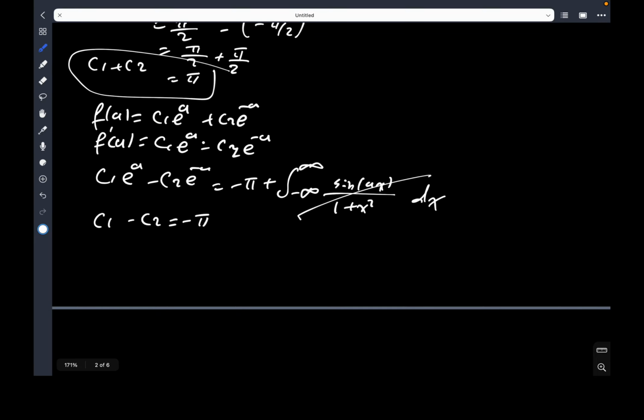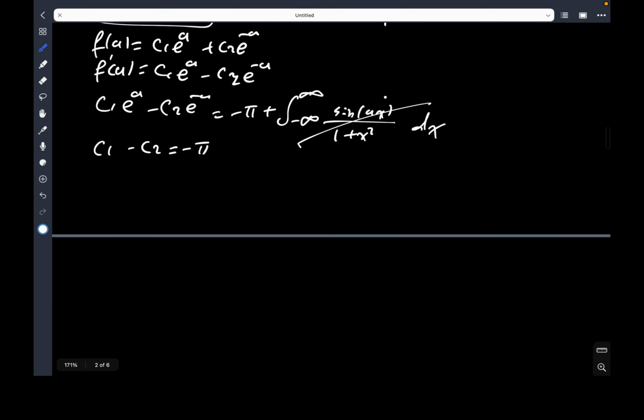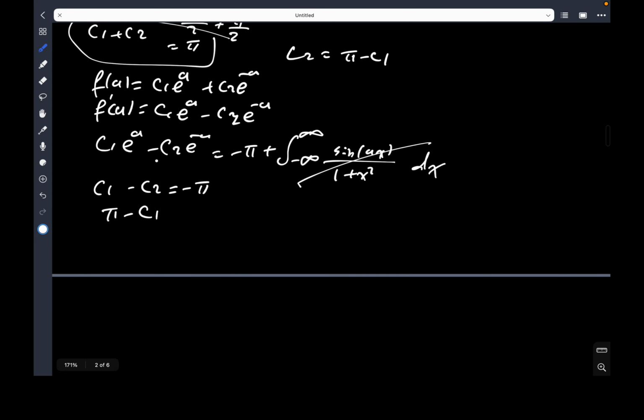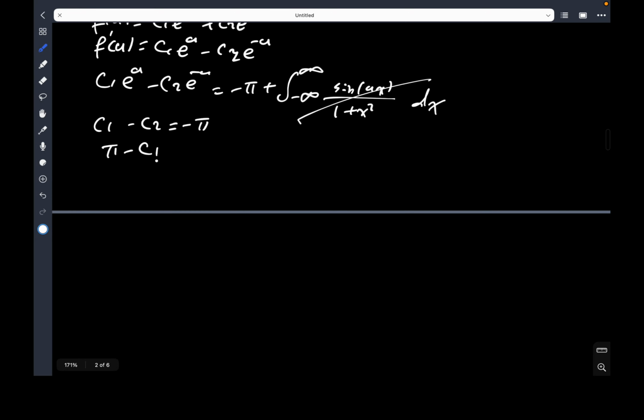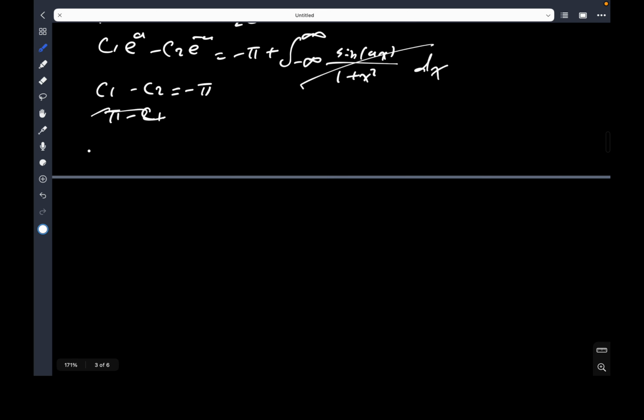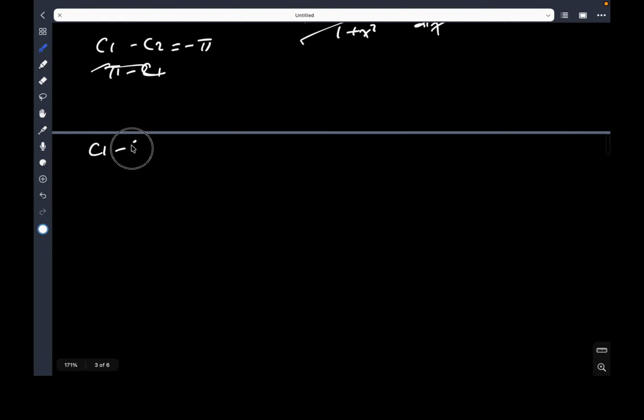Now I can solve this system of equations. I'm going to say c2 equals pi minus c1. If I substitute it here... I think I made a mistake here.